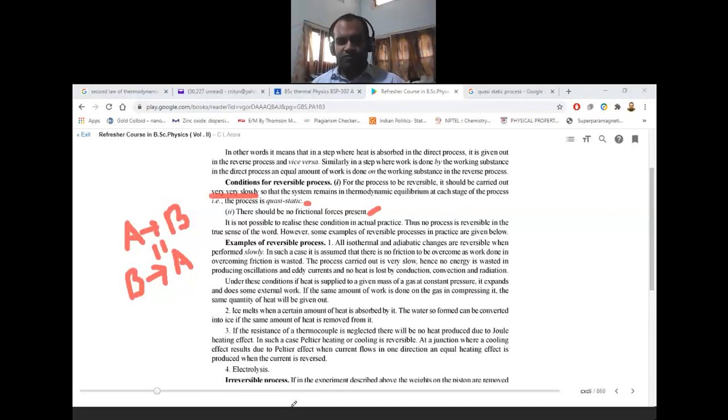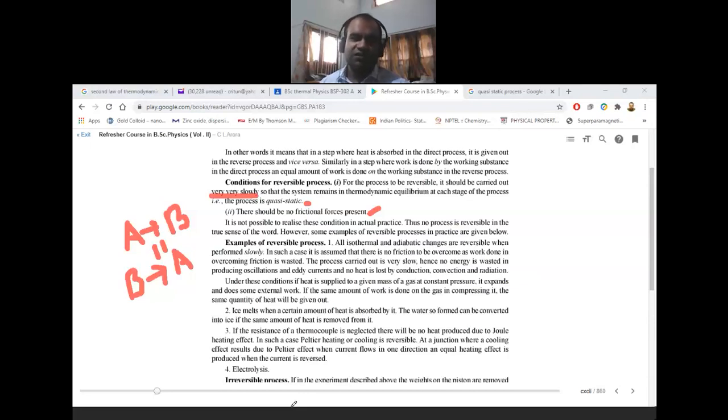There should be no frictional forces present. Why should no frictional force be present? If there is a frictional force, some energy will be lost due to heating. And if that happens, then the gas will not be in equilibrium, no? Because when heat is involved, there will be a change in temperature, and a change in temperature means there would not be any thermal equilibrium.